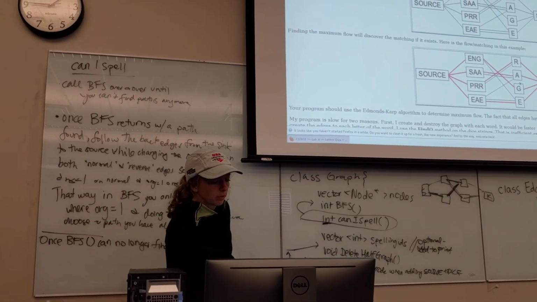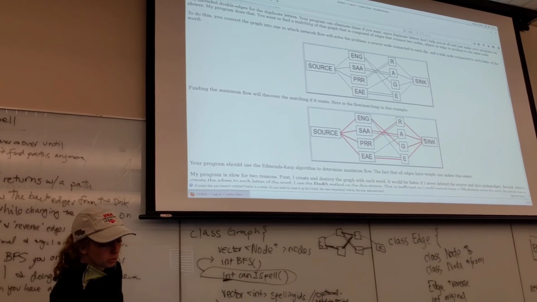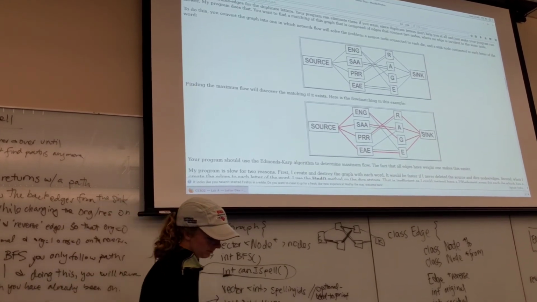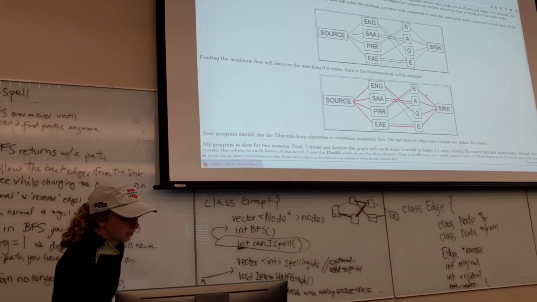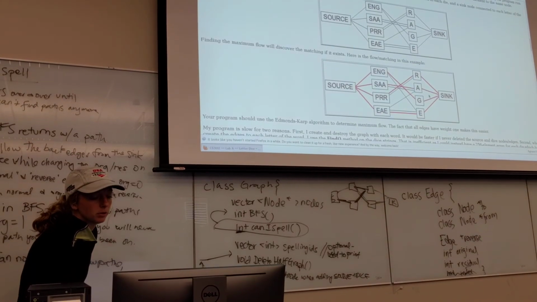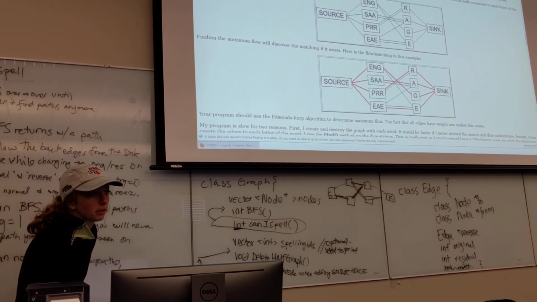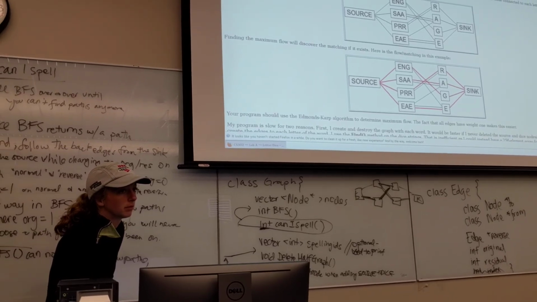So I'm going to take my word nodes, look at all of the edges that go to the sink. And if the residual is 1 for every single edge that goes from the word node to the sink, then you can spell the word, and can I spell returns 1.